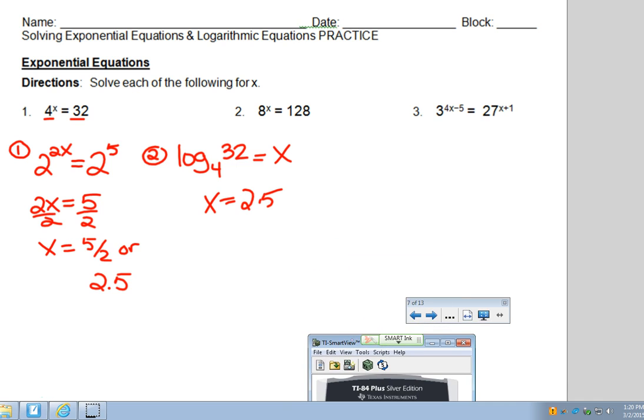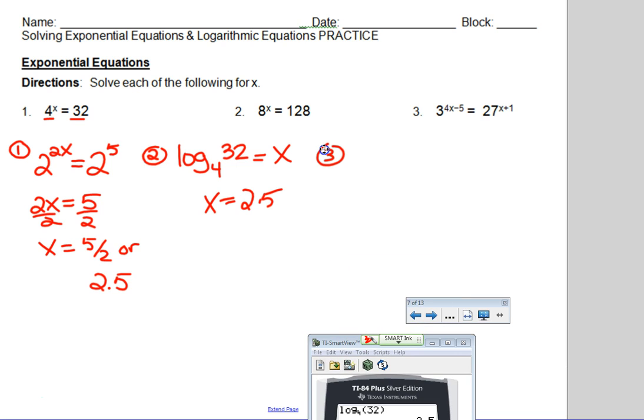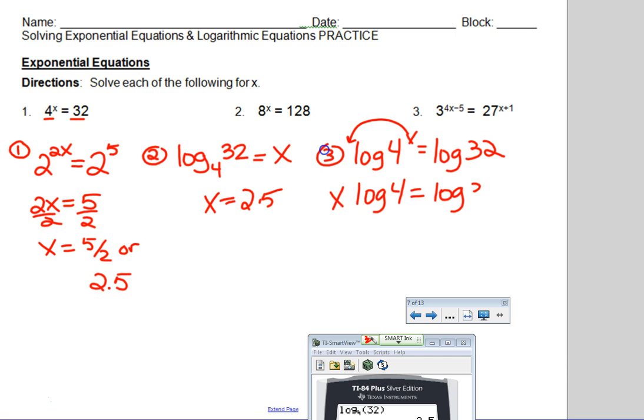And method 3, you can take the log of both sides. And if you take the log of both sides, the power x goes in front. And then you can divide the log 4 over to break it off of the x.